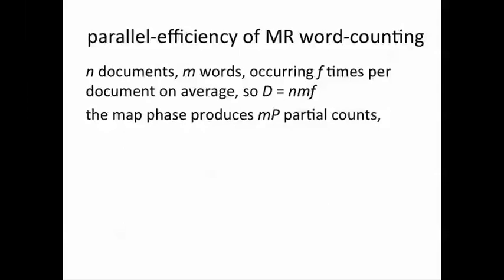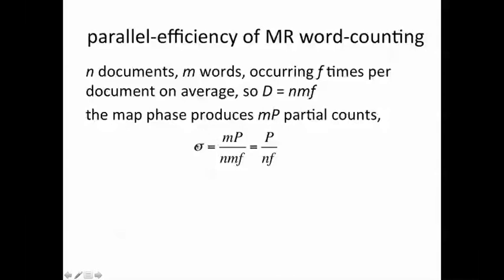We assume that at worst there will be mp partial counts, which gives us sigma as the data after the map as compared to the data before it, and there you get p over nf. Now you see the ratio n over p creeping in through the sigma. So the fact that you actually had a shrinkage of data will end up helping us.